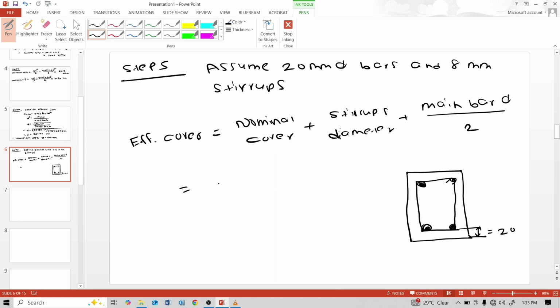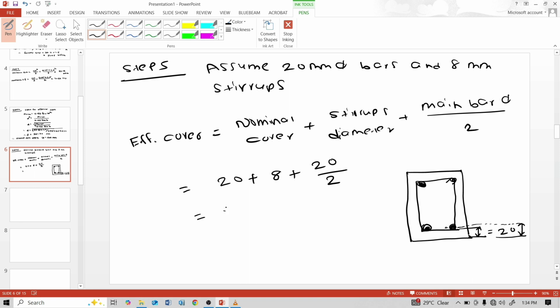So nominal cover 20 plus stirrup diameter 8 plus main bar diameter 20 divided by 2, up to the middle of this main bar. This much distance is the effective cover distance.